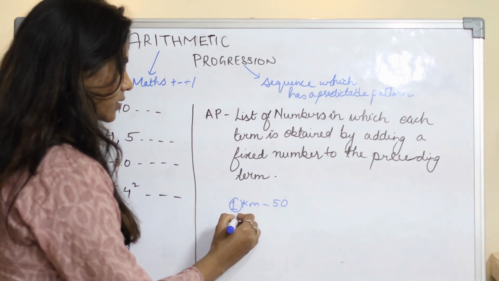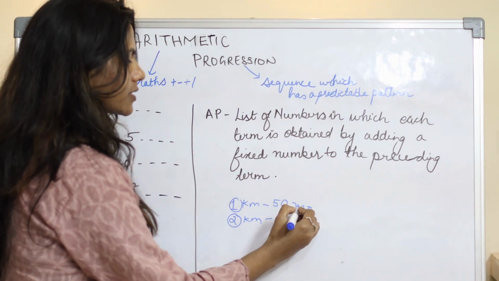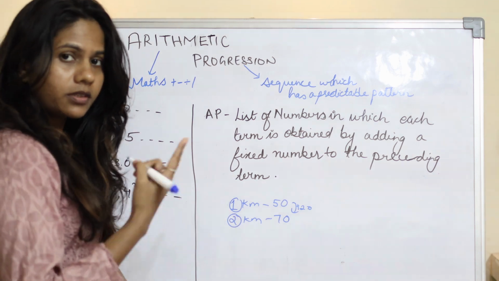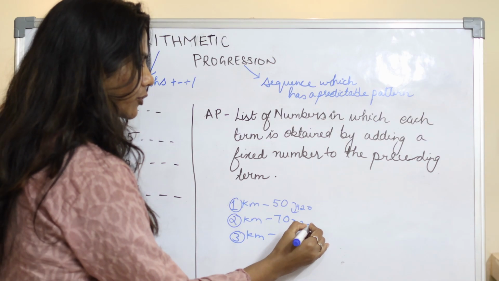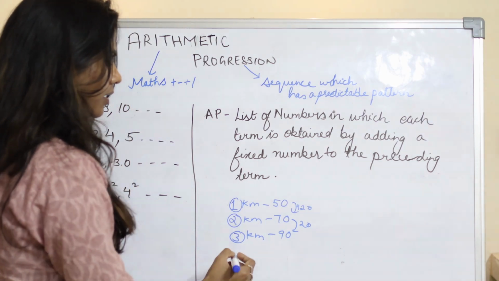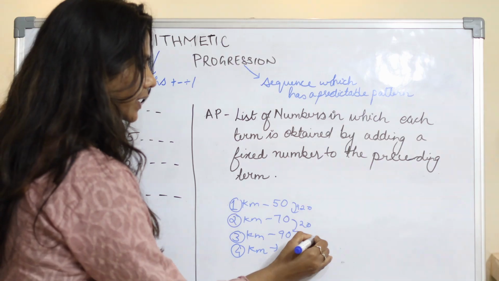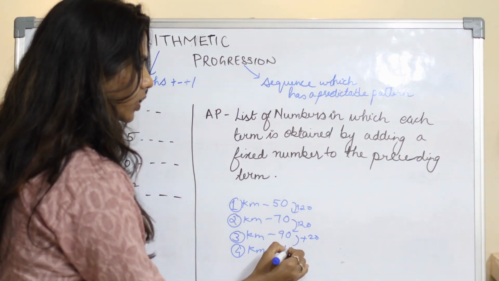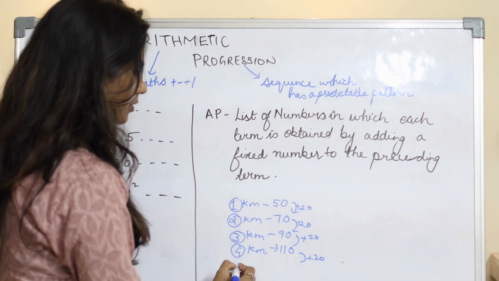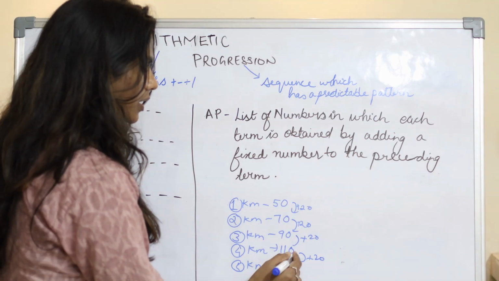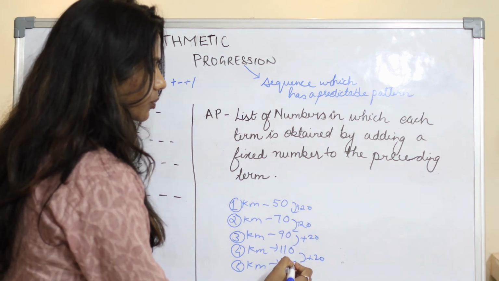So for the second kilometer, they increase it by 20 rupees, which is 70 rupees. For the third kilometer, they again increase it by 20 rupees, which is 90 rupees. For the fourth kilometer, again 20 rupees, which is 110 rupees. In the same pattern, for the fifth kilometer, they increase it by 20 rupees, which is 130 rupees.